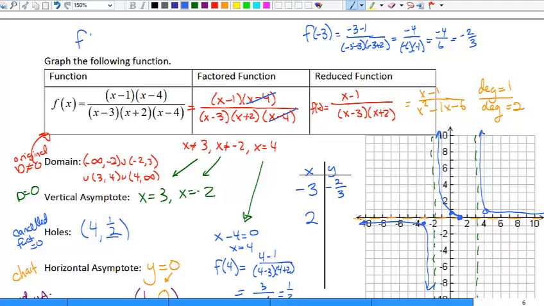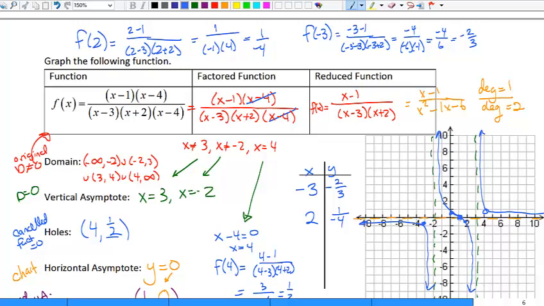So if I plug in f of 2 into my reduced form, I get 2 minus 1 over 2 minus 3 times 2 plus 2. That gets me +1 over -1 times 4, or 1 over -4. -1/4 is clearly below the horizontal asymptote, so the rest of my picture is going to have to get close to my vertical asymptote, and that is a pretty good picture.